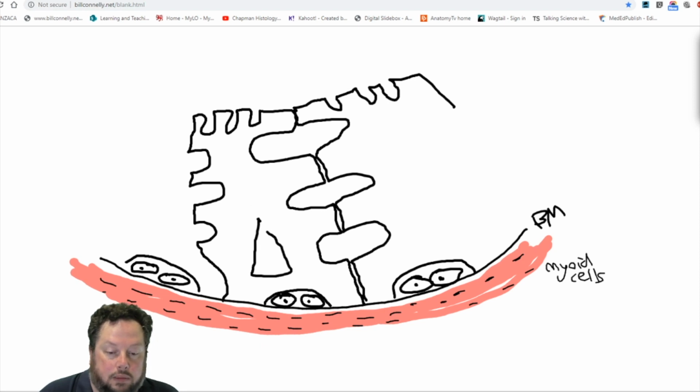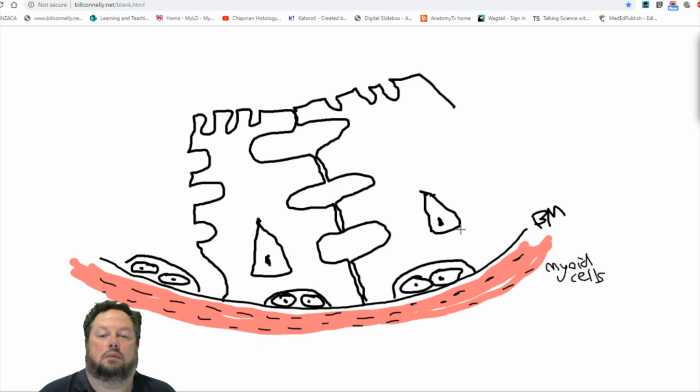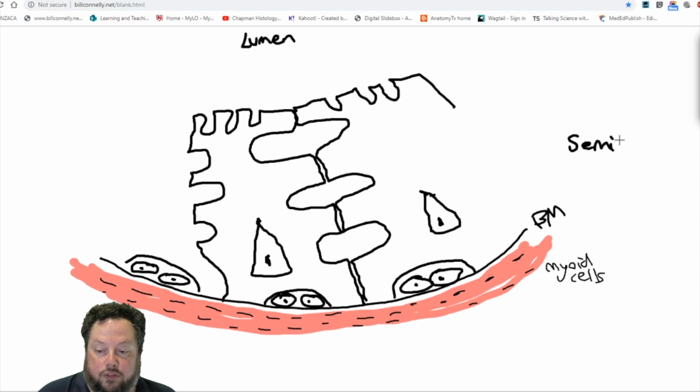Okay, and the nucleus of the Sertoli cell is typically pyramid shaped, sort of triangular shaped, with the apex of the triangle always pointing towards the lumen. So this is the lumen of the seminiferous tubule, and this is the outside.